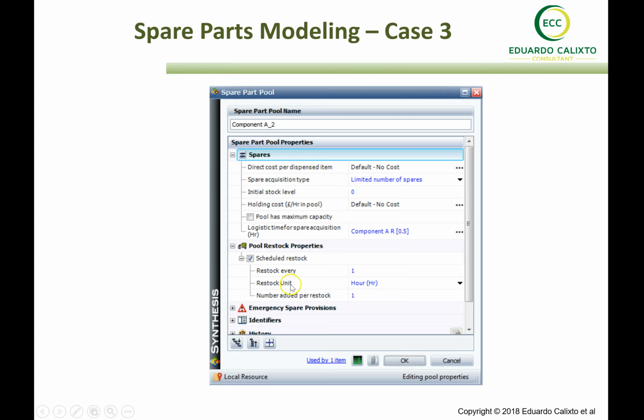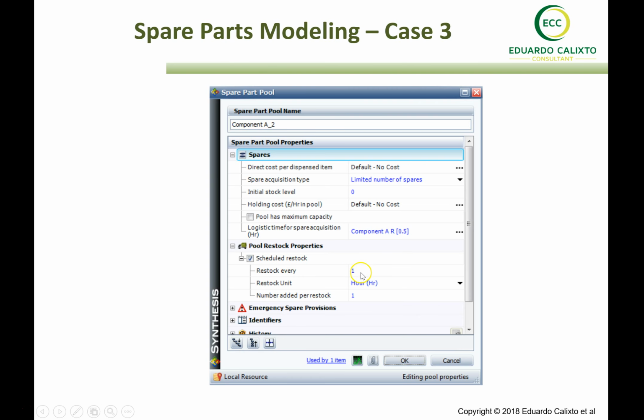And then of course it covers the quantity of 1 for each preventive maintenance time. For the case of component A it is 1 hour, so that is 1 unit of time, 1 hour.